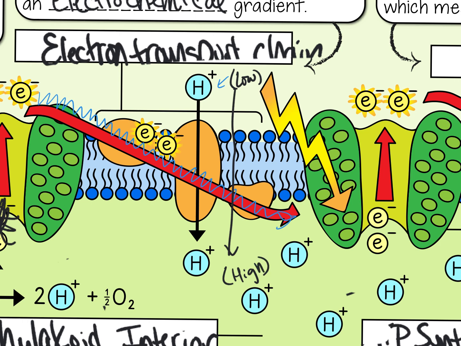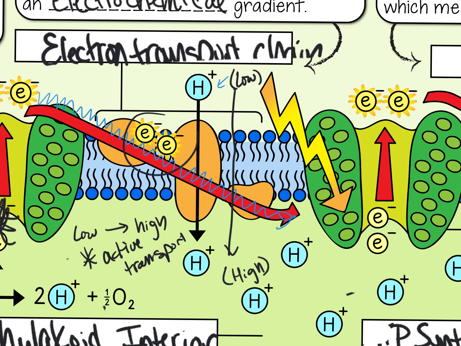So we're going from low to high, and so we know that this is going to be a type of active transport. And you might be saying, well, Mr. McFarland, if it's active transport, that means it's using energy. Where is it getting the energy? It's getting the energy from the electrons.